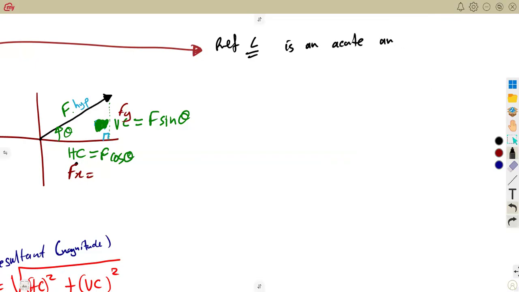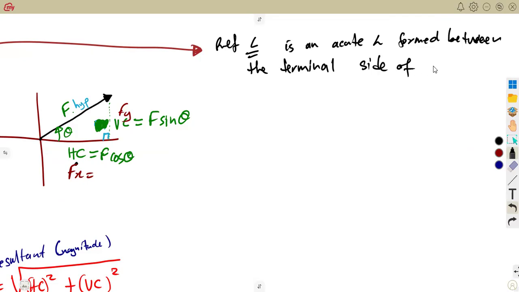Like I said, guys, this is our mathematics here. So this one is an acute angle formed between the terminal side of an angle and the x-axis.